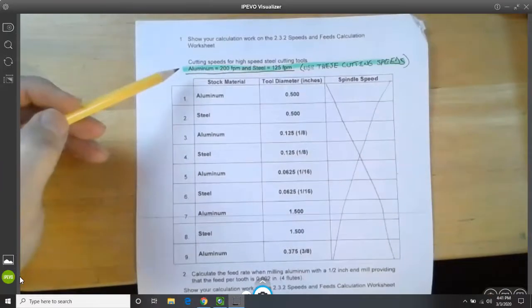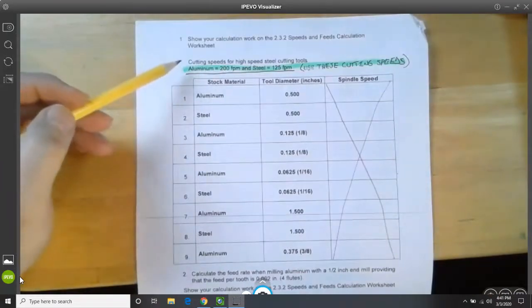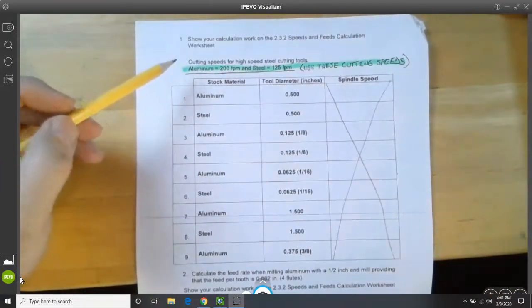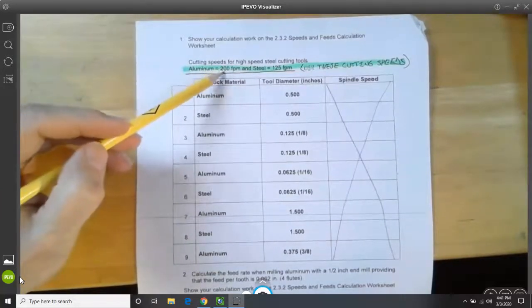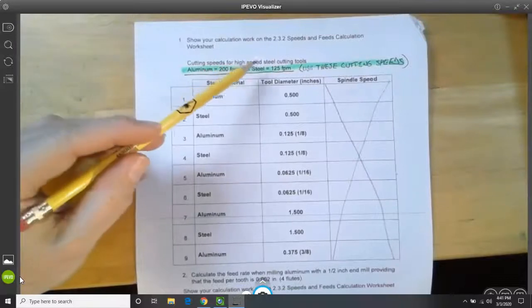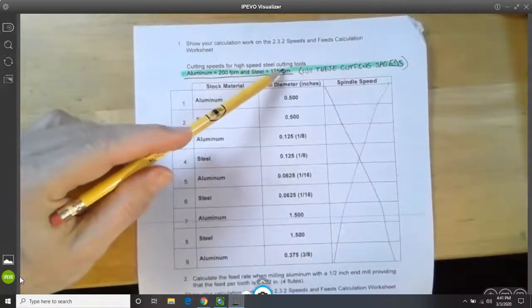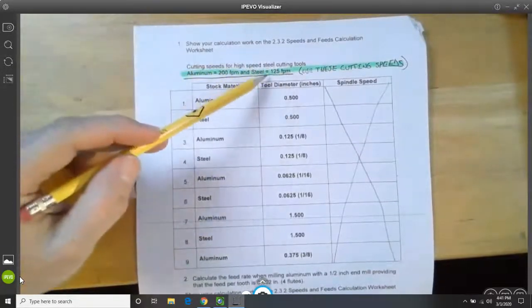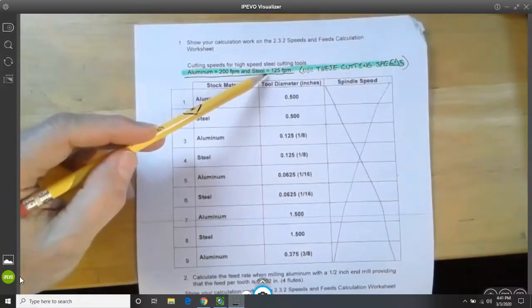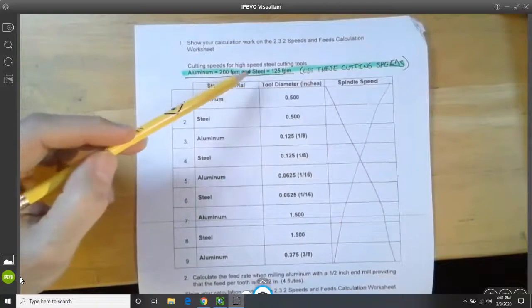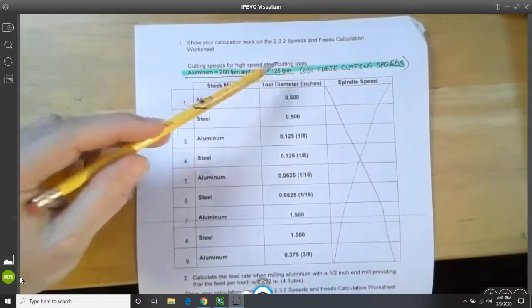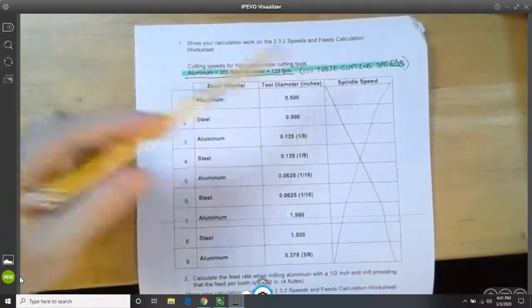You're going to be using cutting speeds for the following materials. For aluminum, you're going to use 200 feet per minute. And for steel, you're going to use 125 feet per minute. Steel is slower because it's a heavier and harder material than aluminum. So with steel you have to go slower. So we're going to use these cutting speeds.